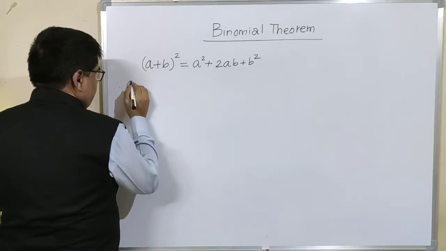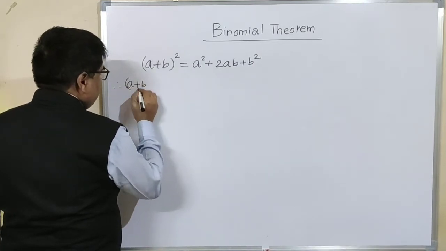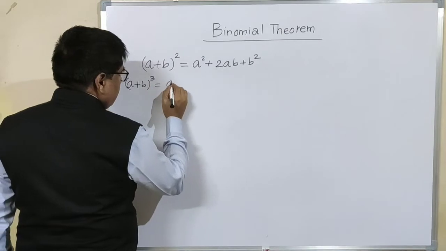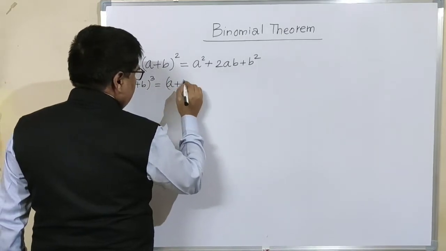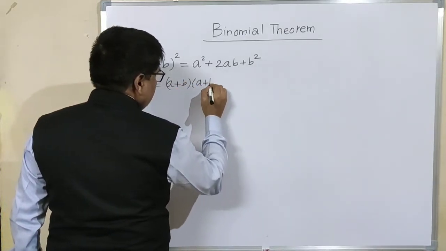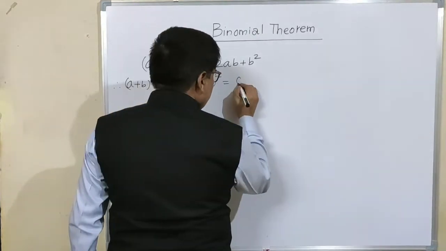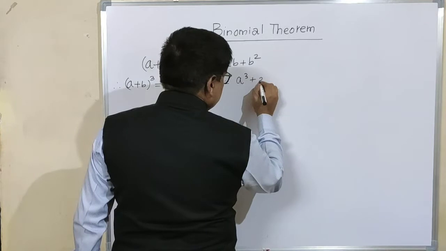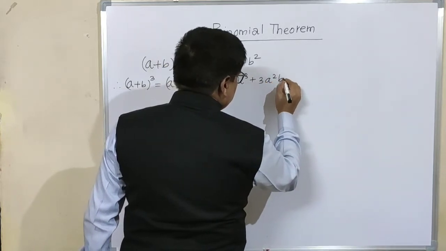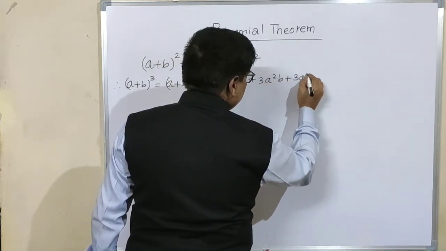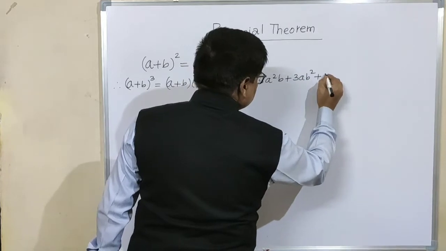Therefore, (a plus b) whole cube is equal to (a plus b) into (a plus b) whole square. This will give you a cube plus 3a square b plus 3ab square plus b cube.